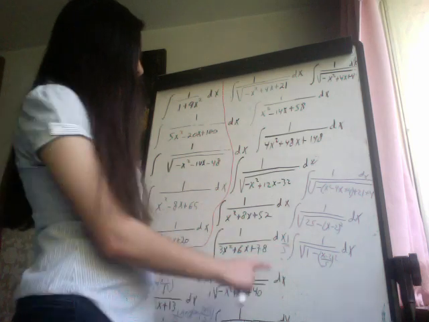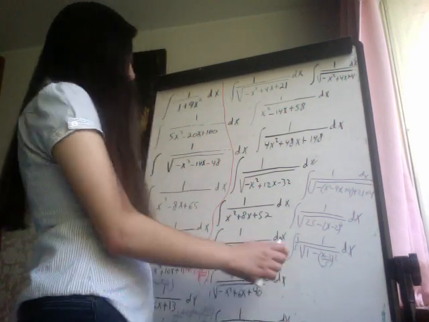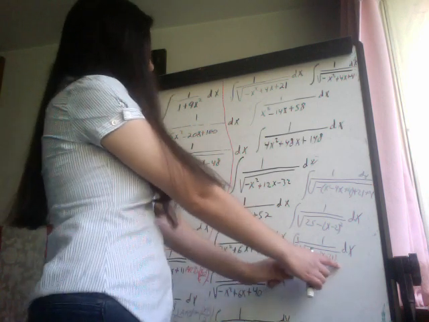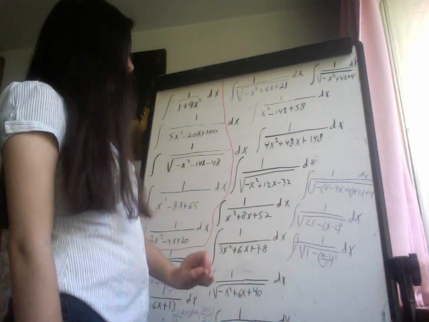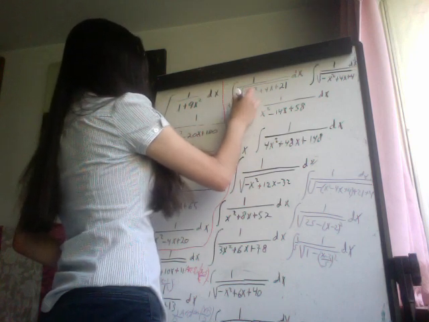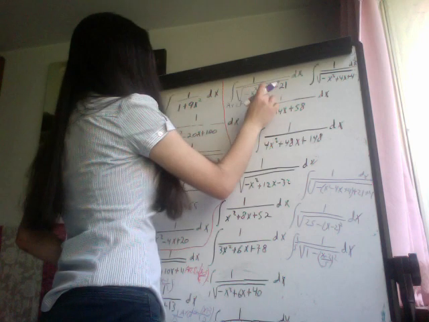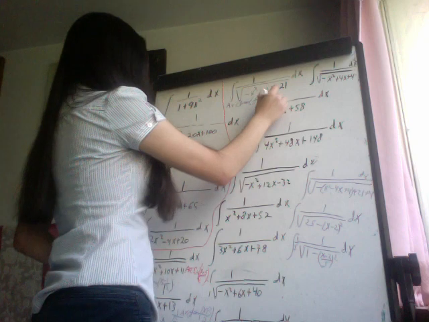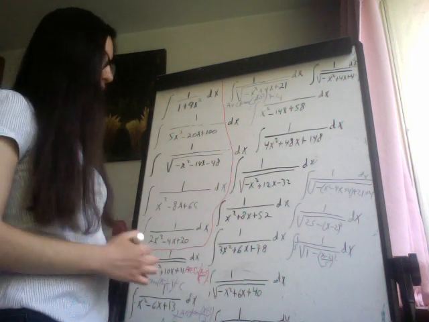So let me put this 1/5 inside the integral, and now we see that what is inside the integral is the derivative of arcsine of (x minus 2) divided by 5. So this is arcsine of (x minus 2) divided by 5. Oh, and plus c, I forgot to put the plus c in all the integrations, sorry.